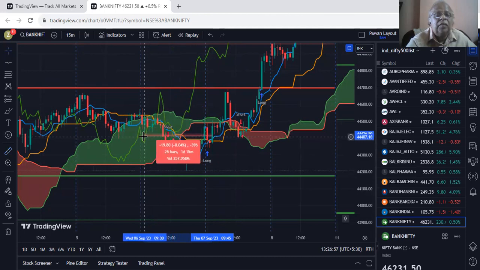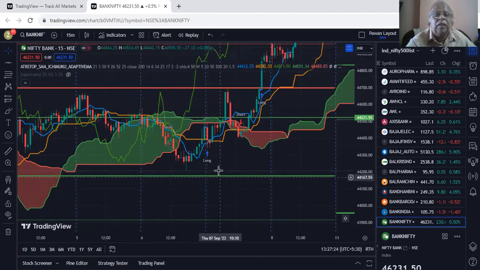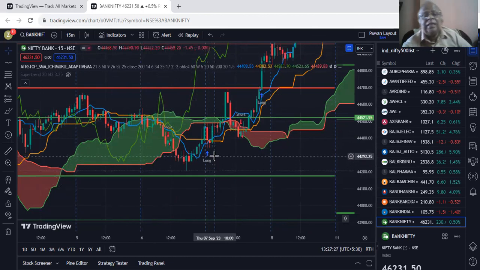This is the 26 period. The high made is this one. So this is the trigger price when the crossover is seen below the cloud, and accordingly we find out the trigger price.